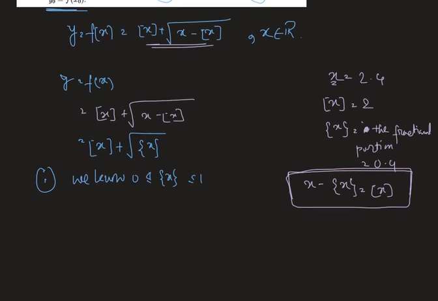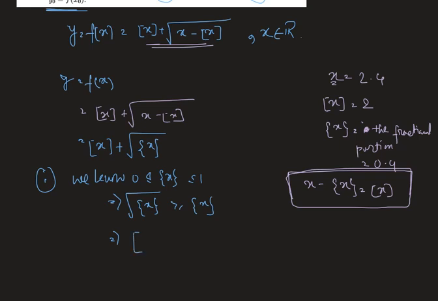Okay, not always a fraction, there is equality at 0 and 1 also. So this implies that root over x in curly braces is greater than or equal to the value itself.